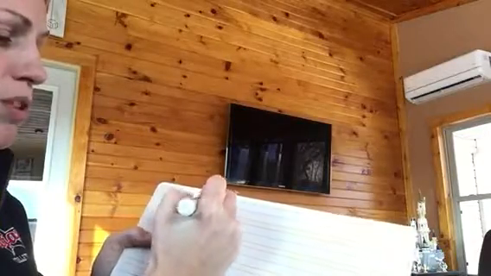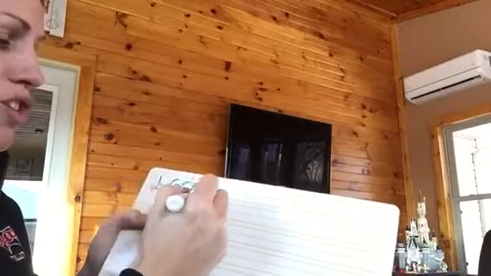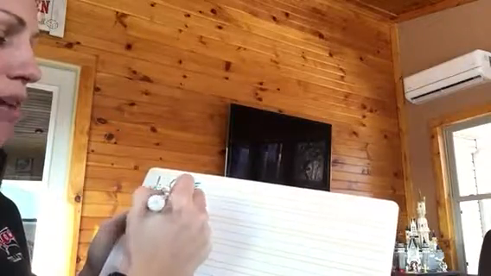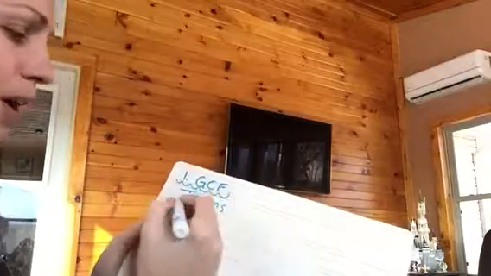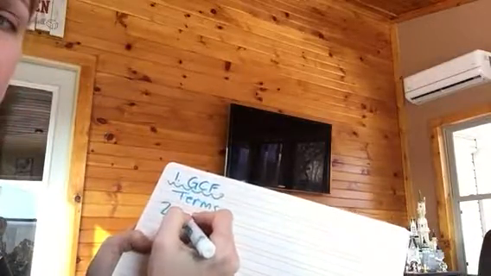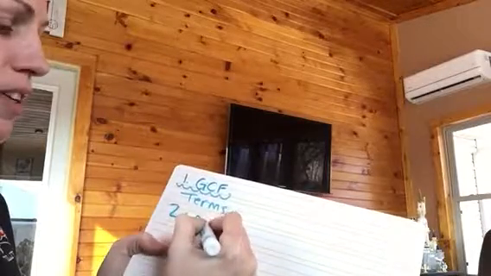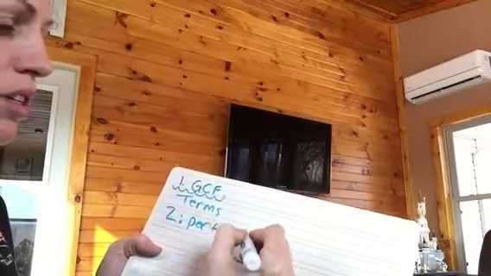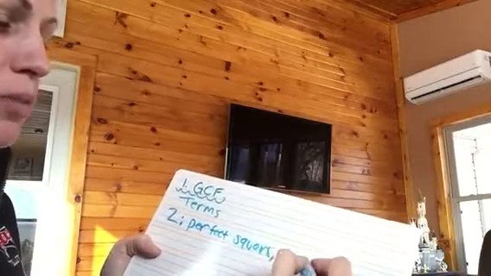If you remember our factoring steps, our first thing that we always check for when we are factoring is we look for a GCF. After we look for that GCF, we are checking to see how many terms are in our problem. If our problem has 2 terms, then we are looking for either perfect squares or perfect cubes.